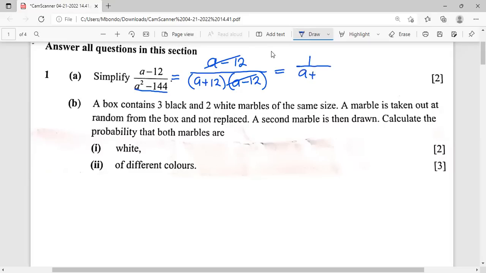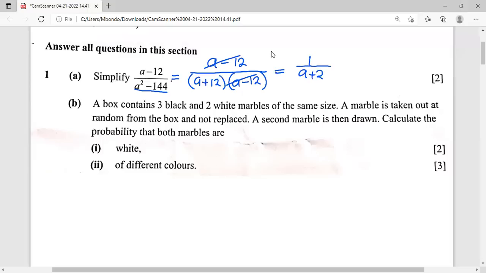It's a plus 12, a plus 12. Take note, it's a plus 12 here. Or we can cancel this, maybe say a 1 then plus, so that it's clear. This is what is going to be our answer.